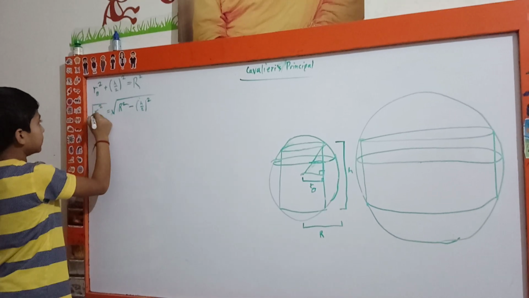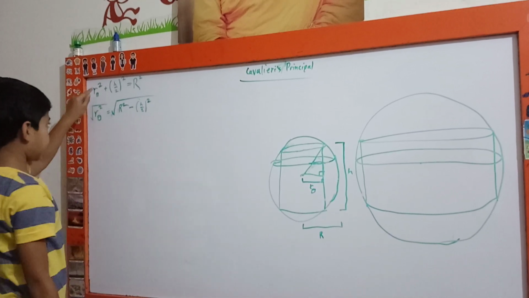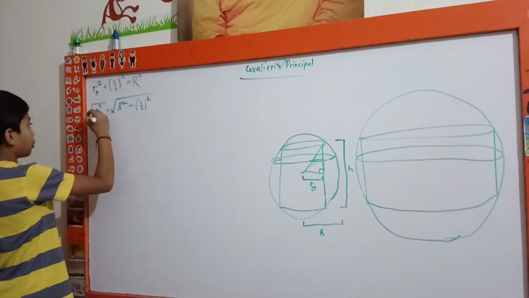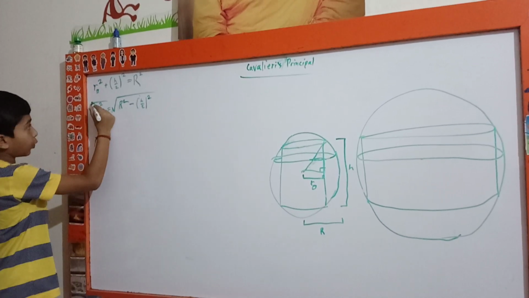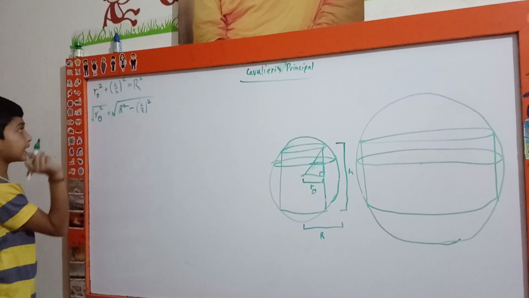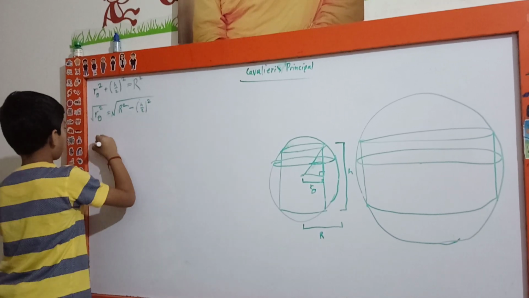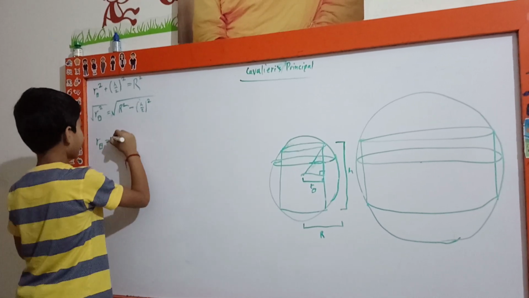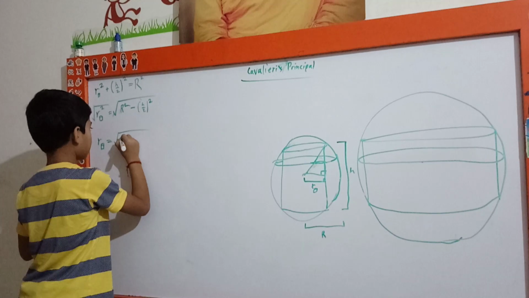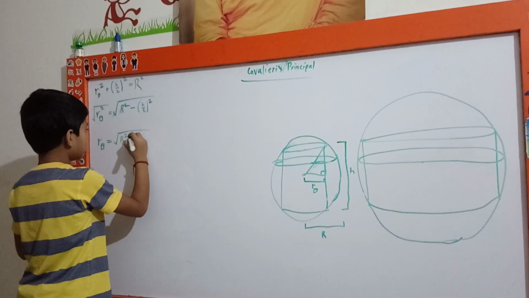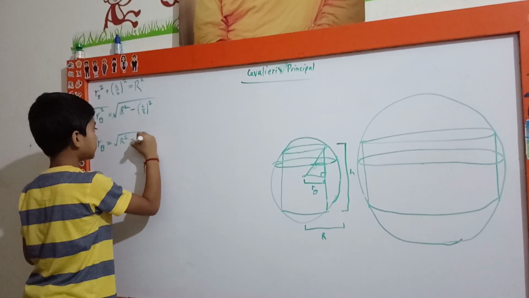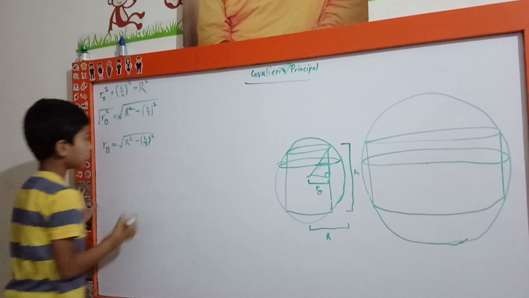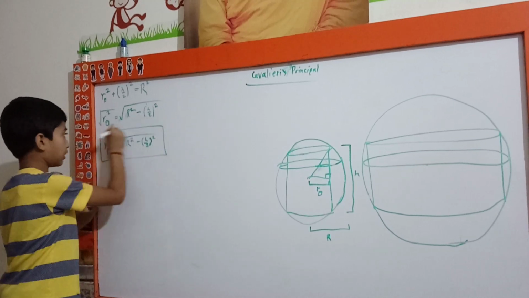So the square root and the squaring completely cancel out, because we just subtracted h over 2 squared from both sides. So we wind up with the radius of the cylinder equaling the square root of the radius of the sphere squared minus h over 2 squared. So this is our formula, what we need.